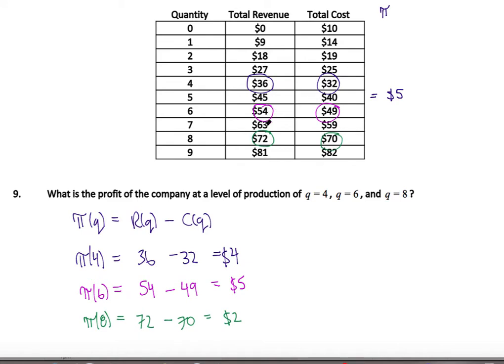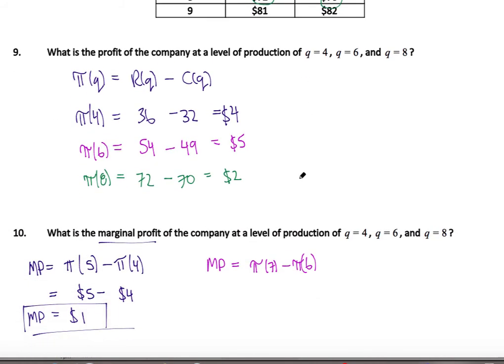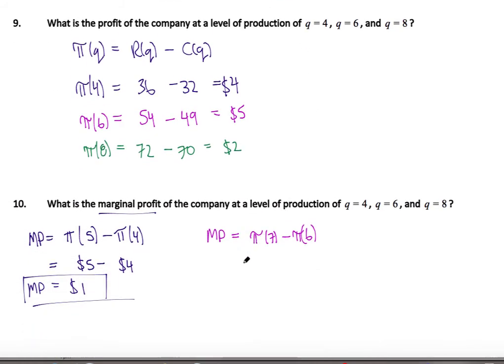So I'm going to look at 7. So this next profit would be $4. And I'm going to say, all right, my marginal profit then would be $4 minus $5. So this marginal profit is actually a negative $1. I'm actually going to be losing money by making one more at that point.